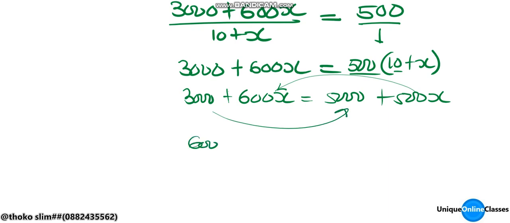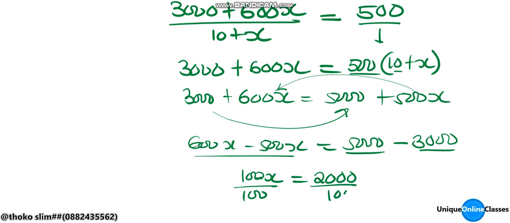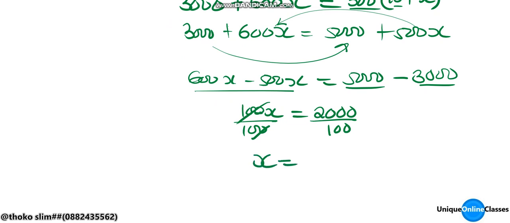So we have 600x minus 500x is equal to 5000 minus 3000. The difference here is 100x, whereas the difference there is 2000. To find the value of x, we divide both sides by 100. The 100s cancel, remaining with x, whereas 2000 divided by 100 gives us 20. So that's the amount of kgs of type 1 milk in the mixture.